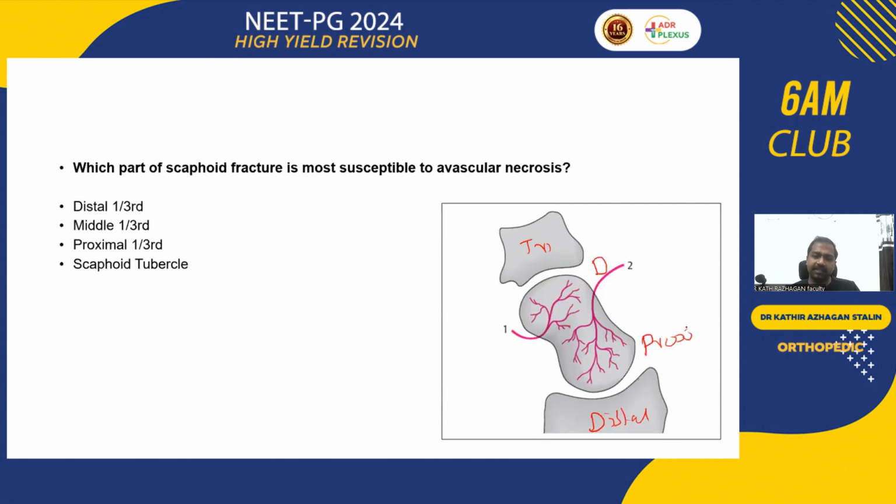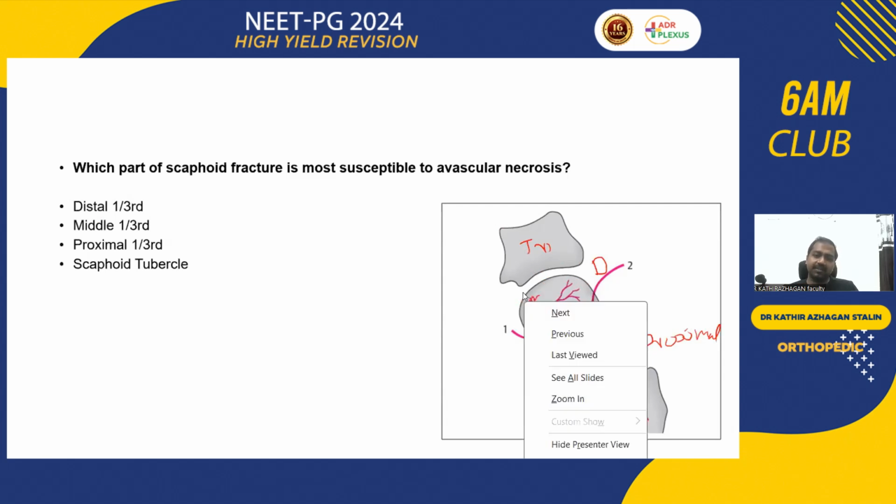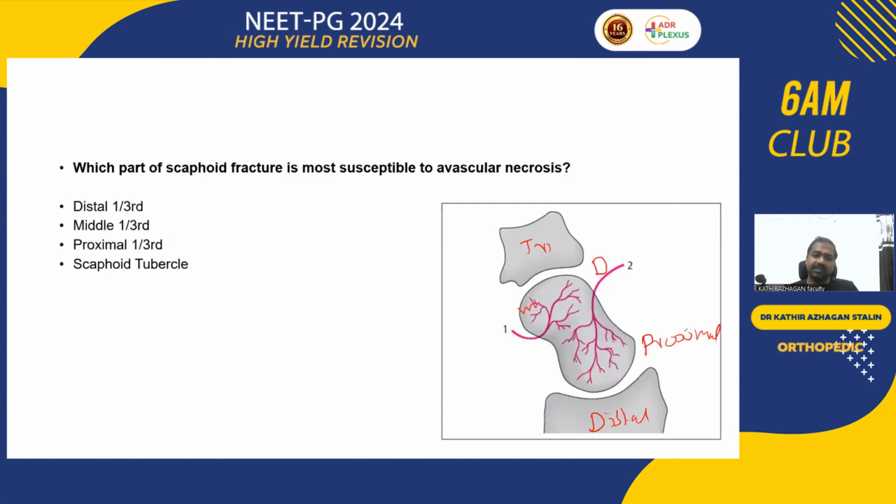If there is a distal pole fracture, will there be any big avascular necrosis? No, there will be blood flow from here and from here. Some or other one will supply.